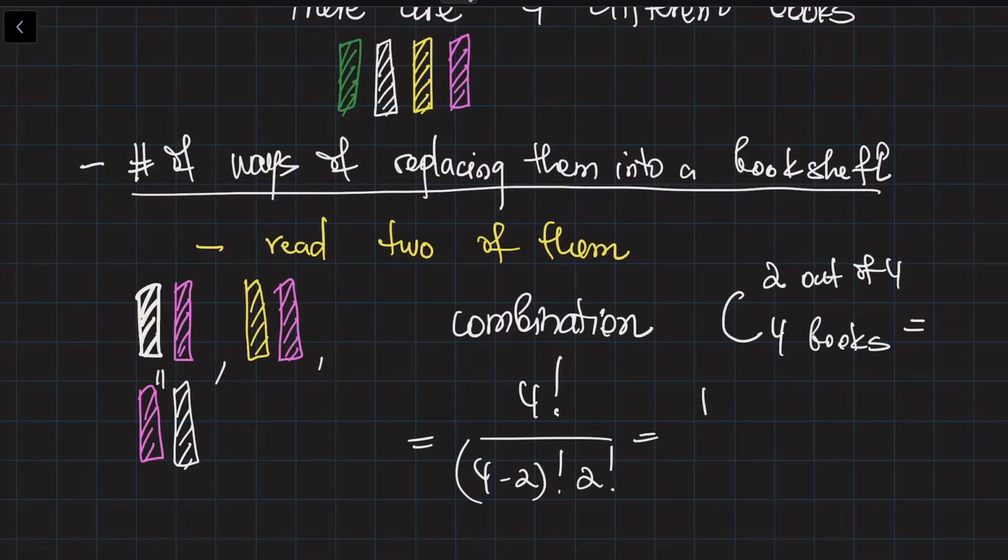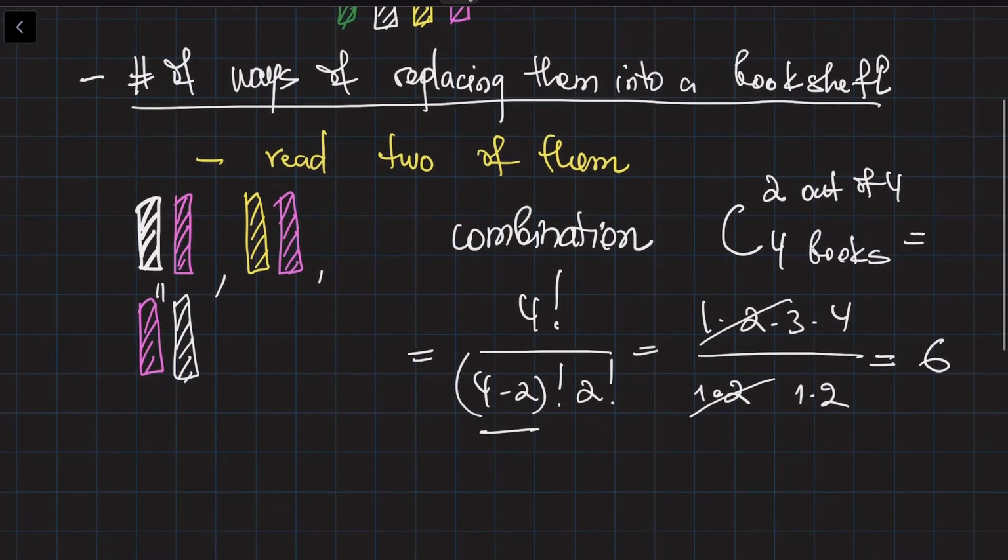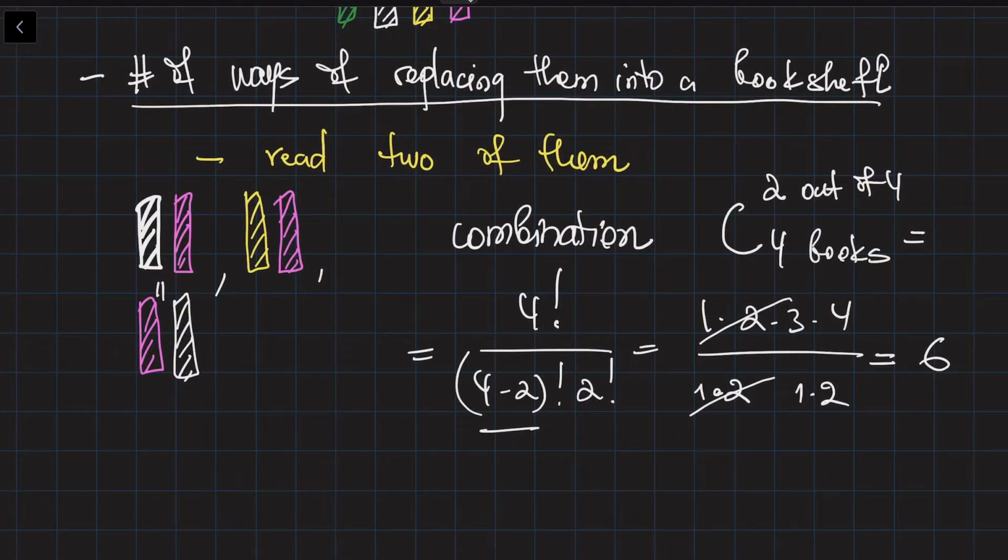So it's going to be 1 times 2 times 3 times 4 divided by 1 times 2, which is the 2 factorial, and 1 times 2, which is the second 2 factorial. So we can just cancel this 2. It's going to be 3 times 4, which is 12, divided by 2. It's going to be 6. So it is possible to create 6 different sets of 2 books.